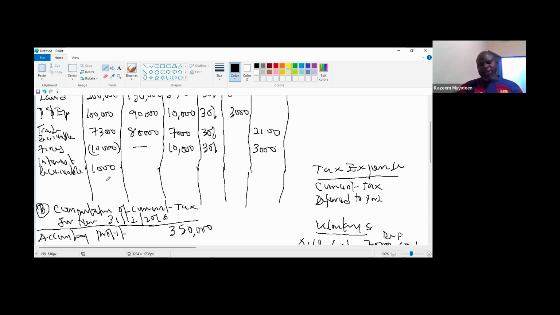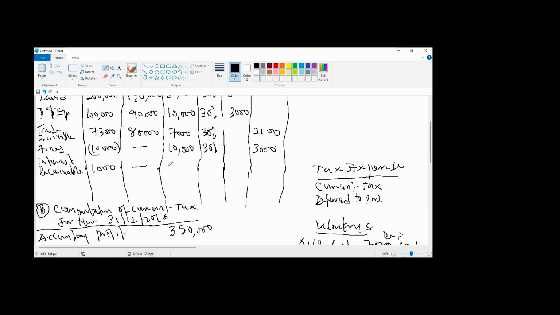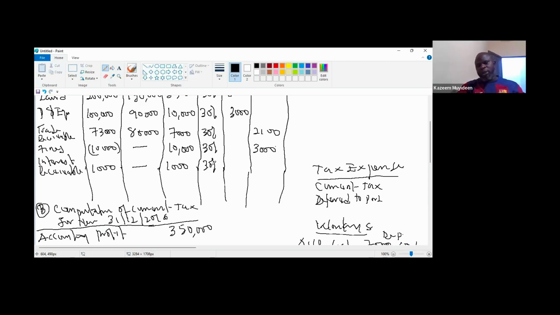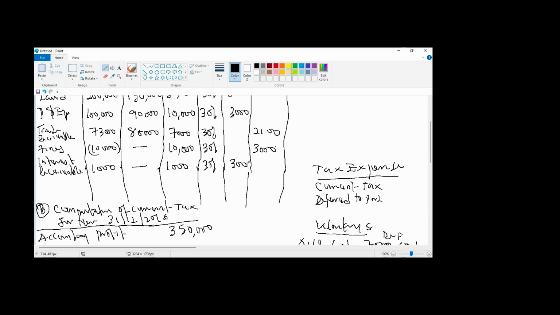When it is cash basis, the tax base equals zero. 30% of the 1,000 is a deferred tax liability of 300.